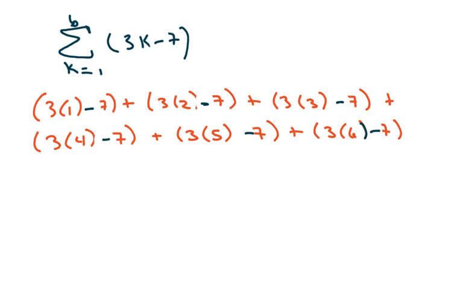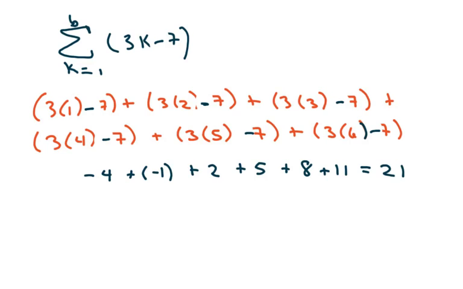And you're going to get negative 4 plus negative 1 plus 2 plus 5 plus 8 plus 11, and that equals 21.